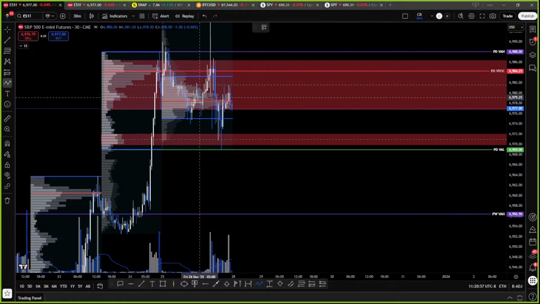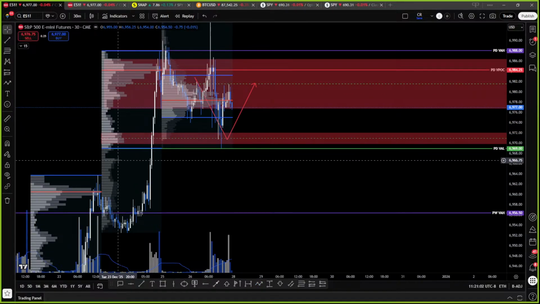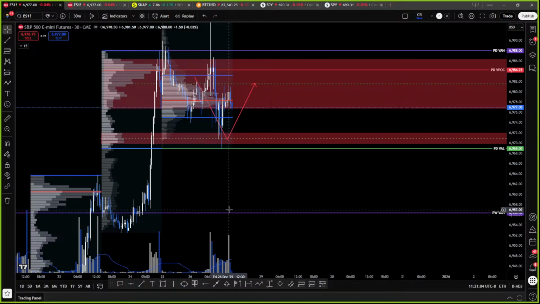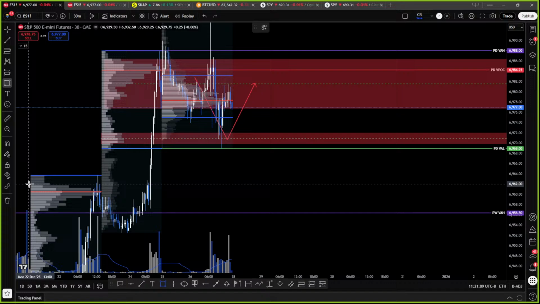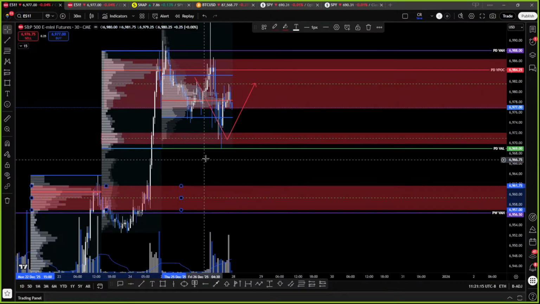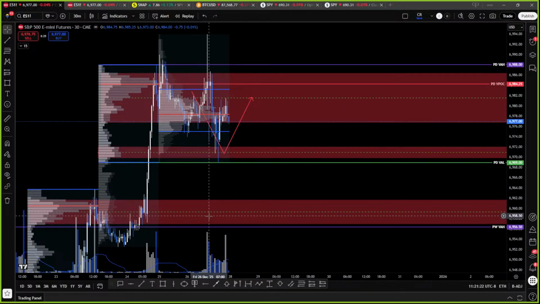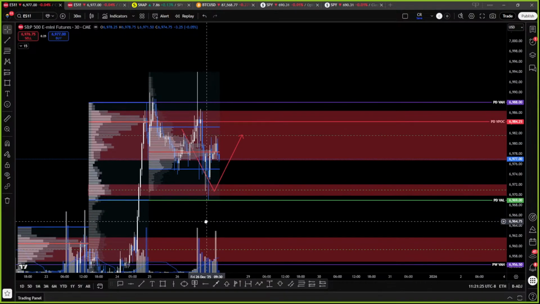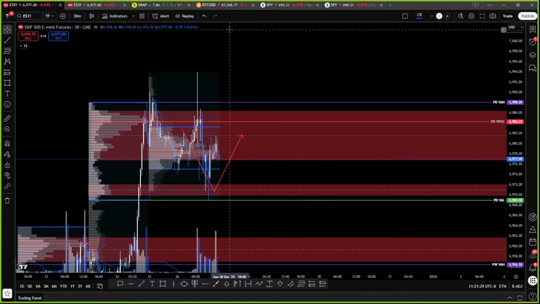Basically, if I was going long, and we come down into this low volume area, it's probably going to go to this high volume node down here. So he's saying use this low volume area as a place to stop out, whether it be below or above. If you're long and you get into a low volume area below, it's probably going to keep going lower. If you're short and it gets into a low volume area above, it's probably going to keep going higher.